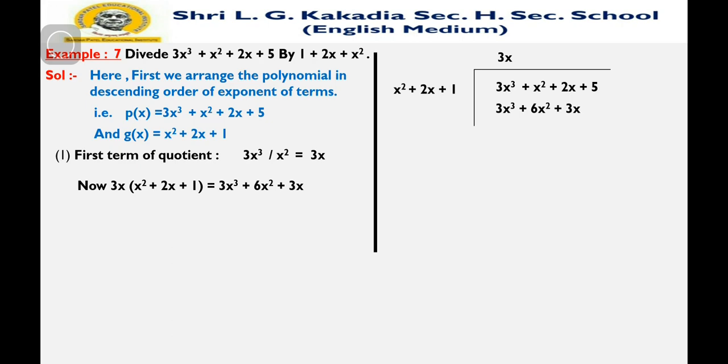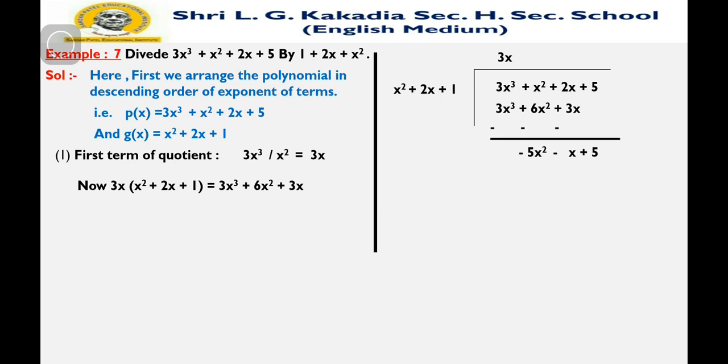So here we change the sign of the product. 3x cube is plus, so we put minus, 6x square is plus, so we put minus, and plus 3x, so we put minus. So now we change the sign of the given terms, and then subtract this product from the dividend.